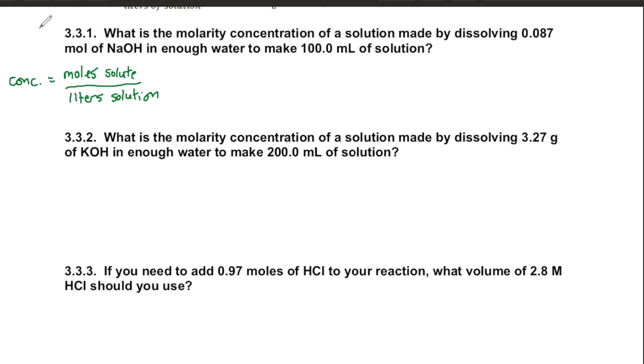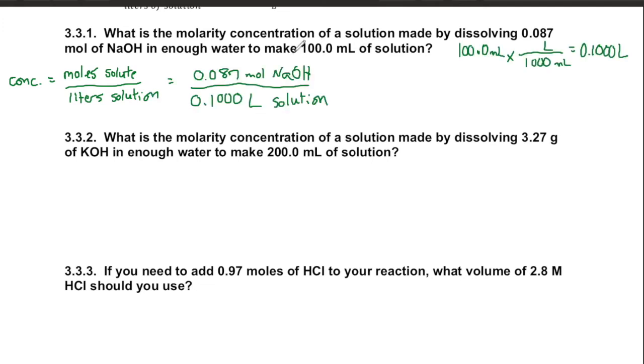So let's try this first problem where we calculate the molarity. The concentration in molarity would be the moles of solute over the liters of solution. We are told the volume of solution in milliliters. A lot of times that happens. Milliliters is a much more convenient volume to work with in lab. We seldom have multiple liters of our solution.